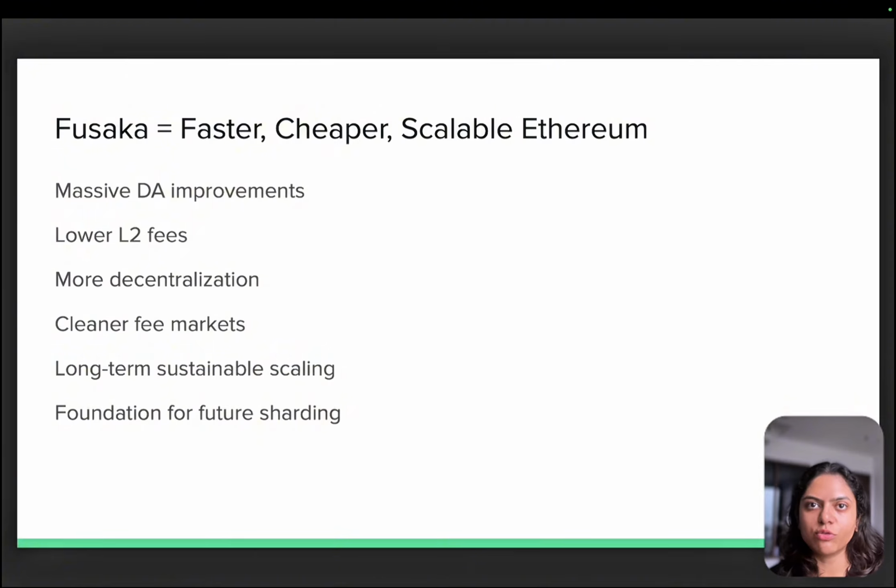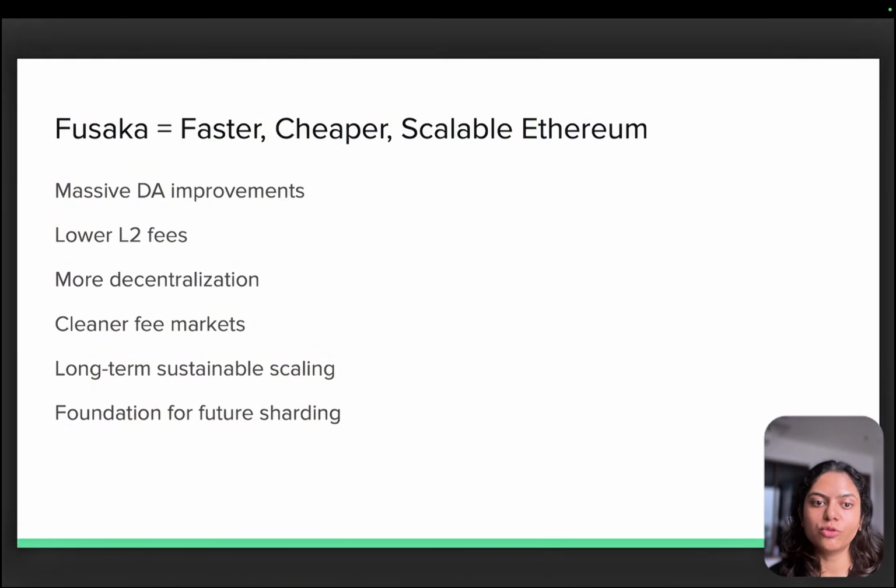We know about all the things about Fusaka. So to wrap everything up, what do we get from Fusaka? There are massive DA improvements, data availability, and lower L2 fees. More decentralization happens, and cleaner fee markets, with less fees, so cleaner and healthier fee markets and long-term sustainable scaling.